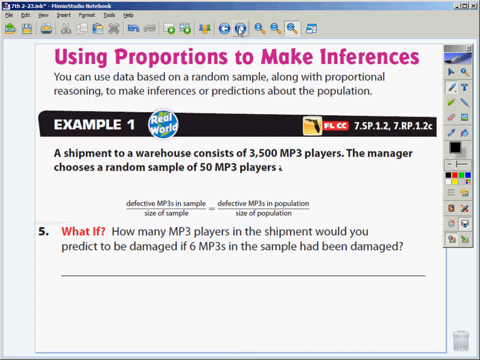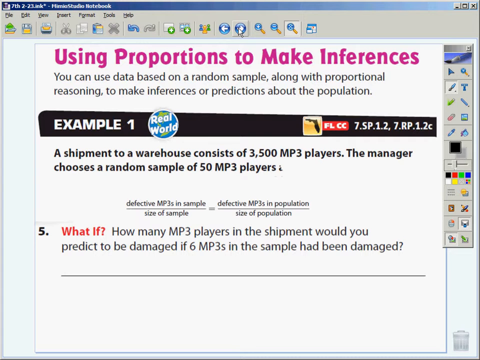When you're setting up a proportion, you want to make sure that you're comparing like things. If I'm looking at defective, I want to compare it to defective. If I'm looking at the size of the sample, I want to compare it to the size of the population. Okay?